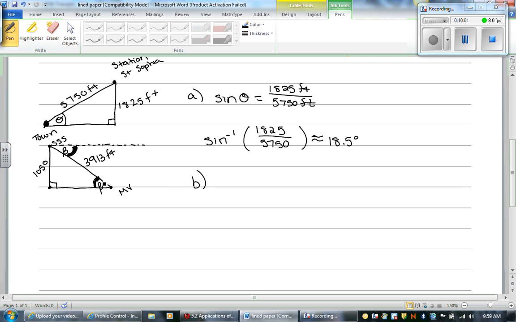When parallel lines are cut by a transversal, alternate interior angles are equal. So we're going to go from this angle and figure out which trig function to use. We're dealing again with opposite and hypotenuse, so that's going to be sine beta equals opposite over hypotenuse.